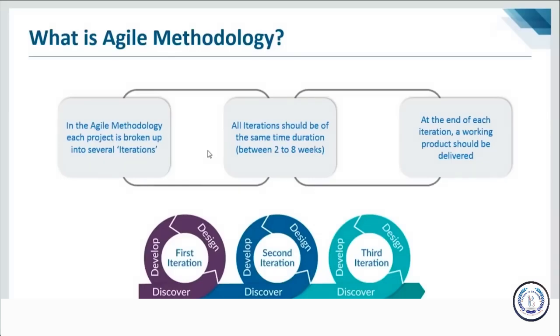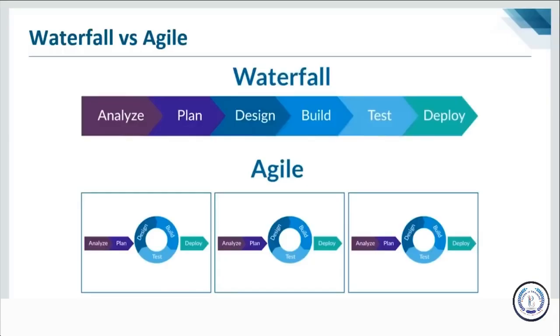Now let me go ahead and compare this with the waterfall model. Now, if you notice in the diagram that is there in front of your screen, so waterfall model is pretty linear and it's pretty straight, as you can see from the diagram, that we analyze the requirements, we plan it, design it, build it, test it, and then finally we deploy it onto the prod servers for release. But when I talk about the agile methodology, over here, the design, build, and testing part is happening continuously.